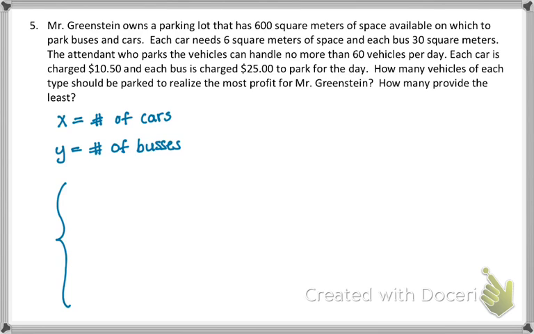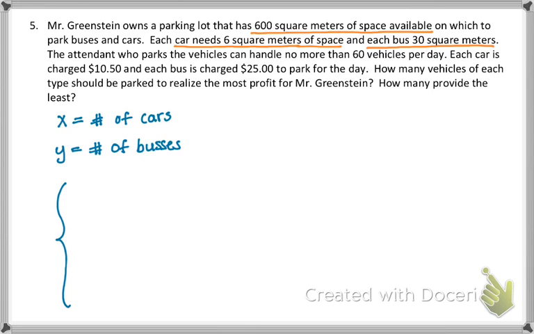All right, so first constraint looks like that there are only 600 square meters of space. So we only have so much space available. And it looks like each car takes up 6 square meters of space, and each bus takes up 30 square meters of space.